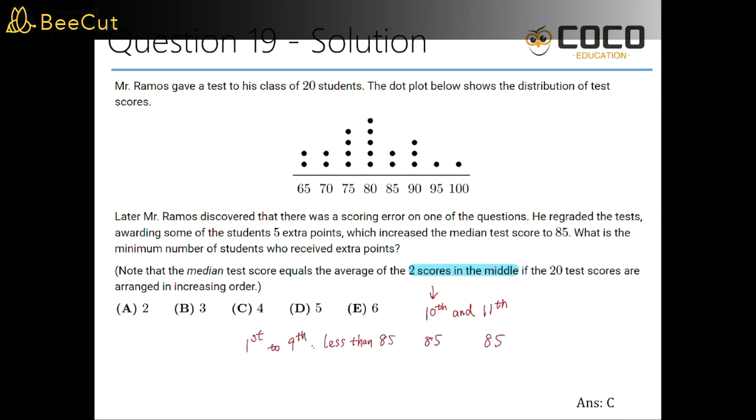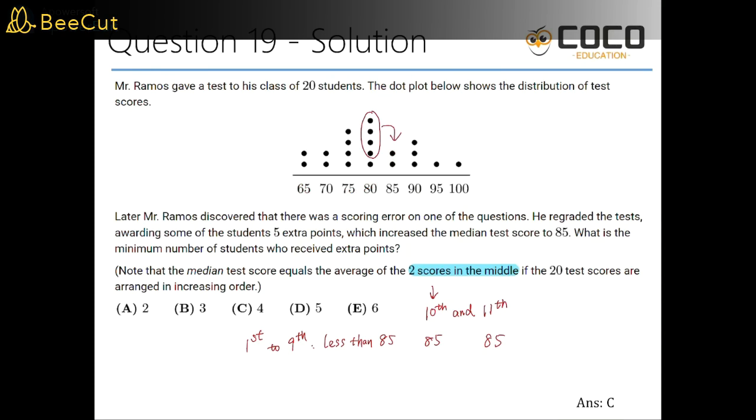Okay, let's check the number of dots here. It is 2, 2, 4, 5. So total is 13. We want to have 9 of them. So we need to take 4 of them to the 85 marks group.